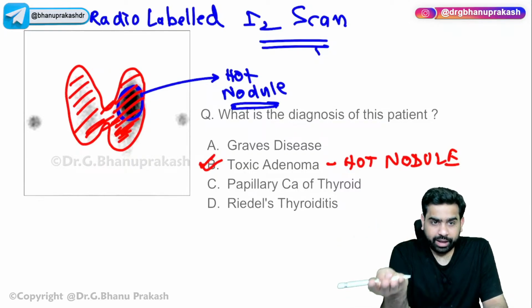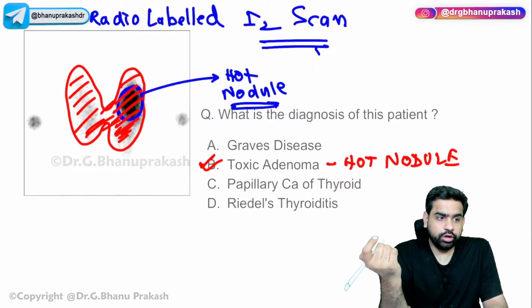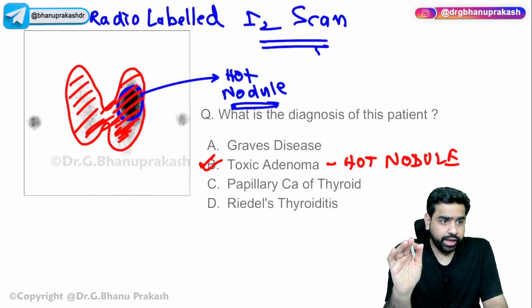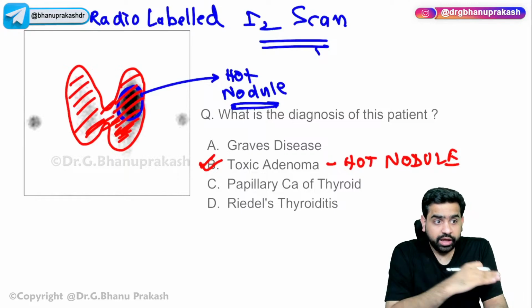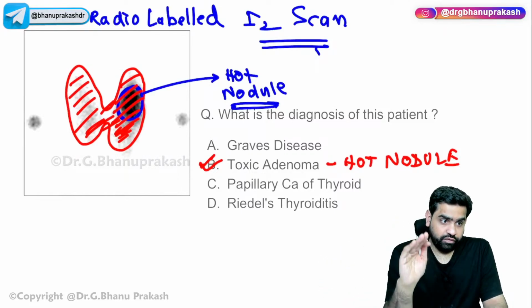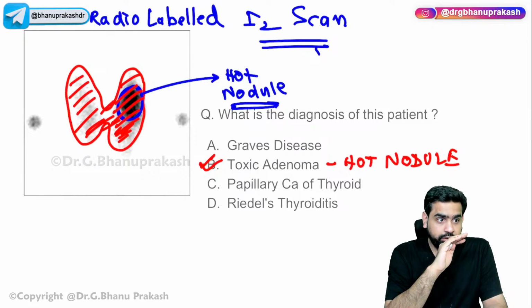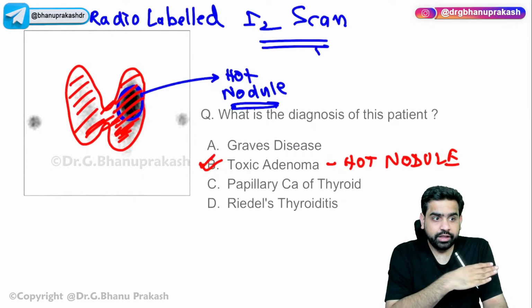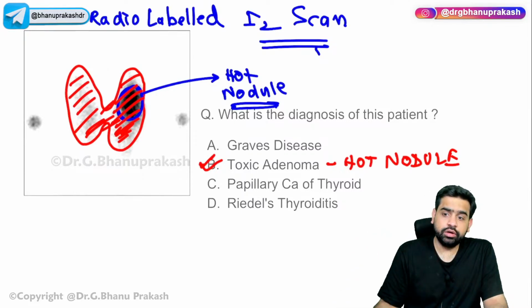If, let's say, there is a malignancy, then you will have to perform a near total or a total thyroidectomy. Okay, and in patients with Graves' disease, the entire thyroid will have an increased uptake. So that is the difference. Okay, yes, absolutely right. So Priyanka is basically trying to explain that there is going to be a uniform uptake if there is Graves' disease. Okay, in Graves' disease, there will be a uniform uptake.